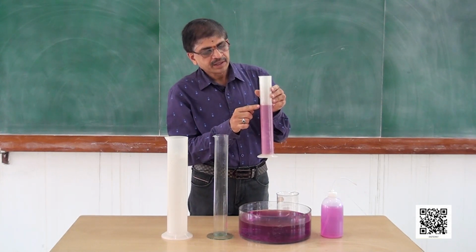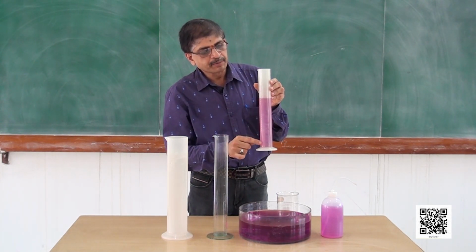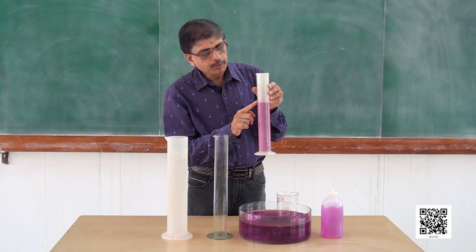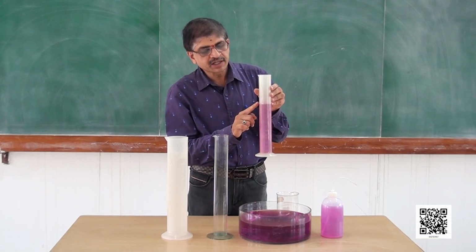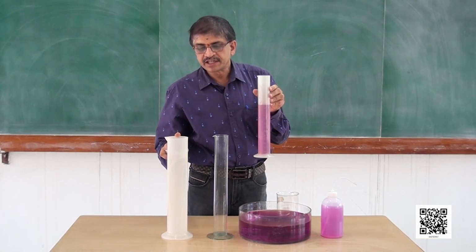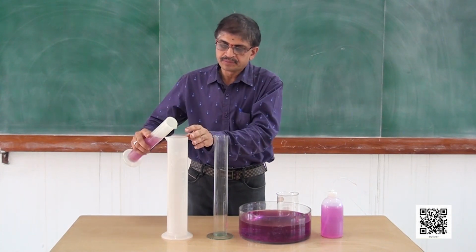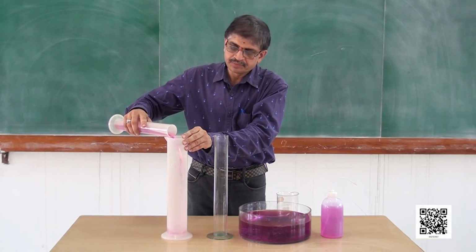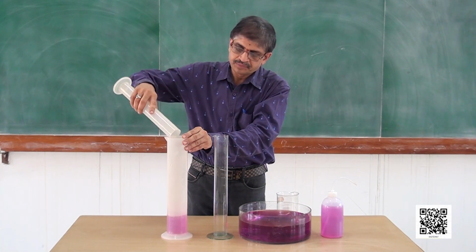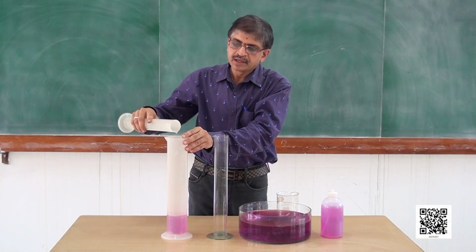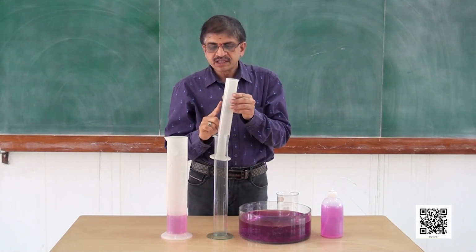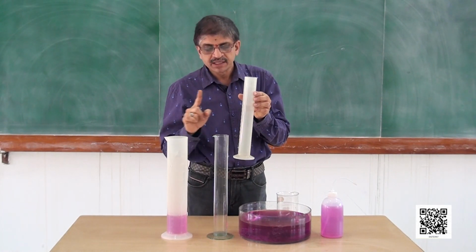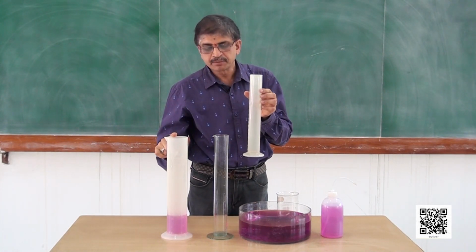Observe carefully, water level reached here up to 250 milliliters. We now pour this 250 milliliters water into this 1 liter measuring cylinder. Remember, we have poured once.